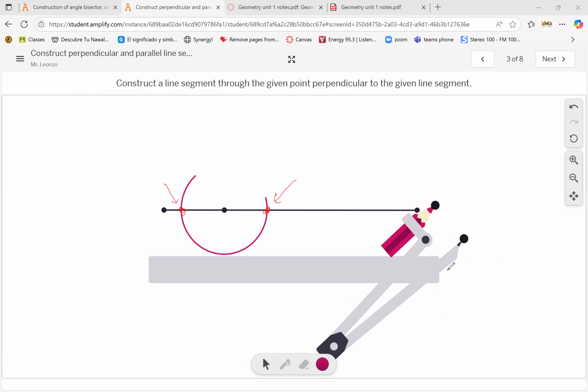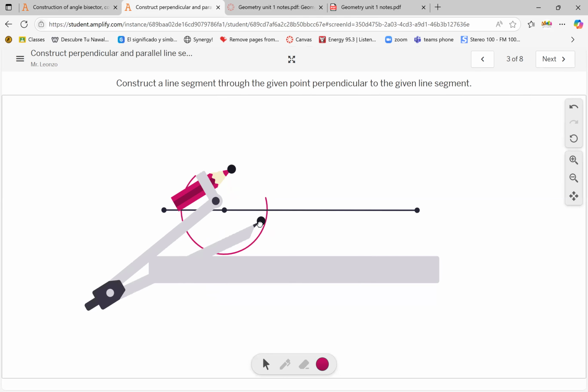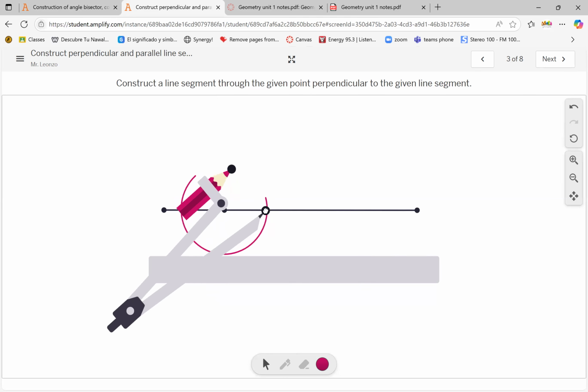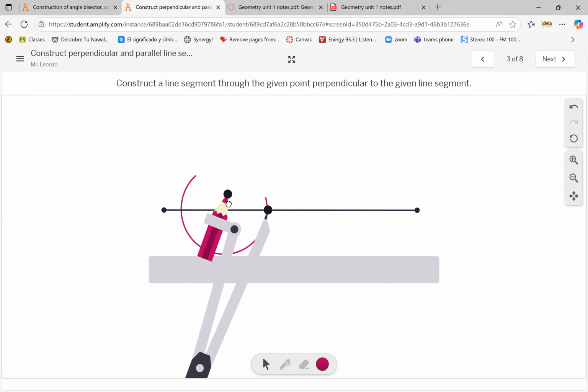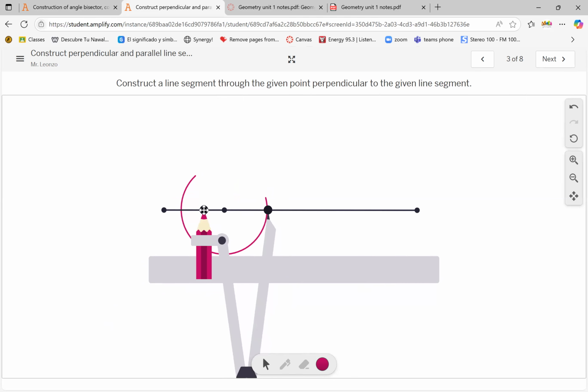Okay. Now I'm going to grab my compass, and I'm going to put this point that doesn't have a pencil in one of my intersections. Now this point with the pencil, don't put it at the point in there. Instead, go past it.